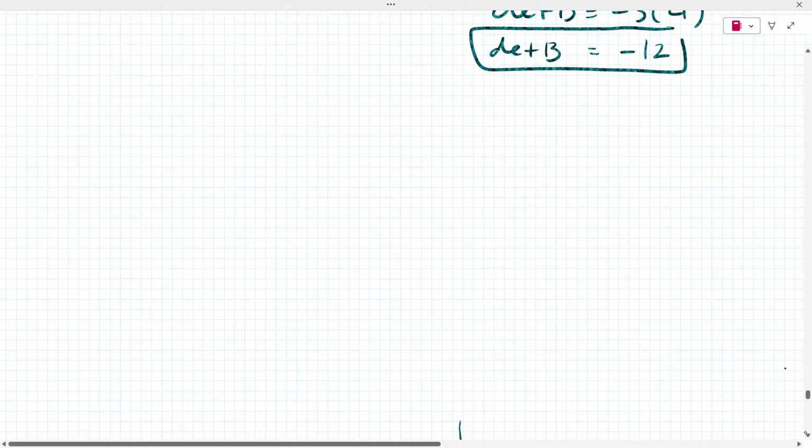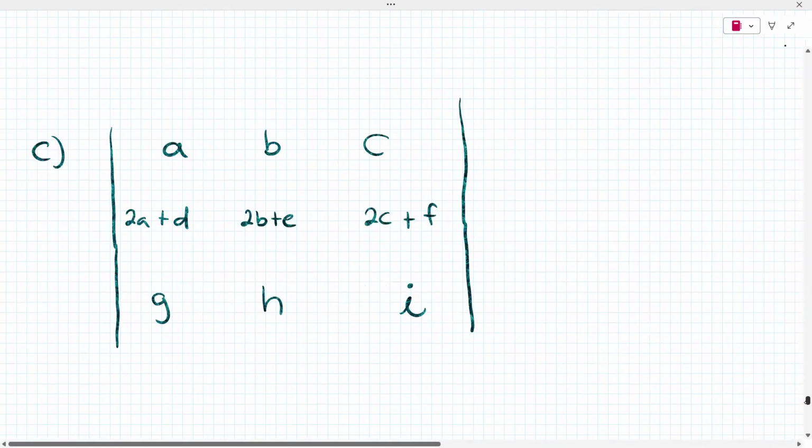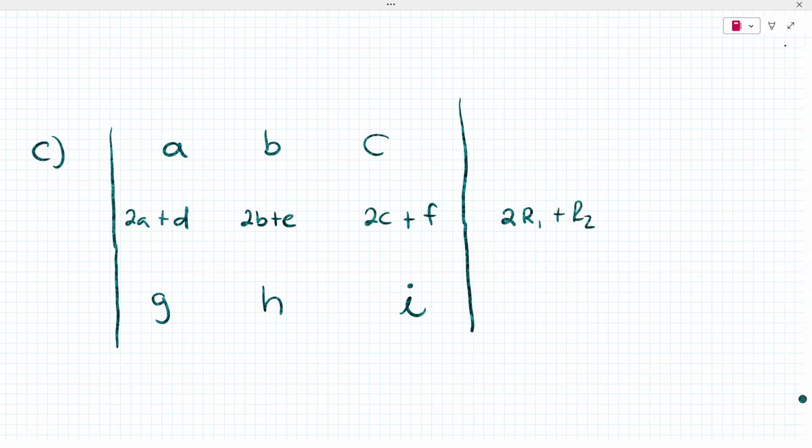I think there's a C and a D, and then we're done. So let's look at C and compare it with the original matrix. What's happening, I think there's only one row operation. They messed with row 2. So it's 2 row 1 plus row 2 gives me new row 2.